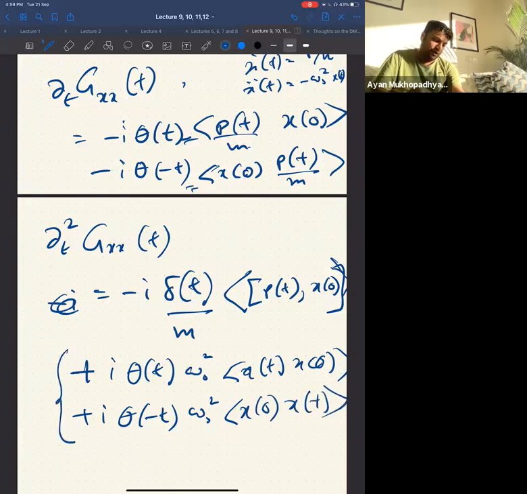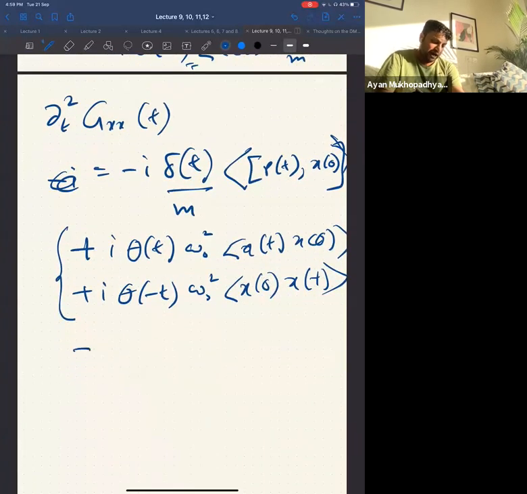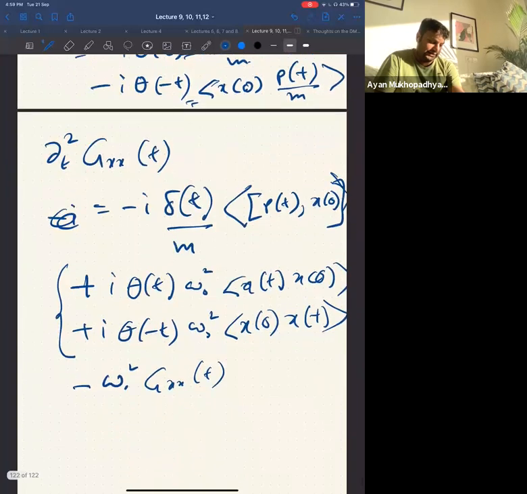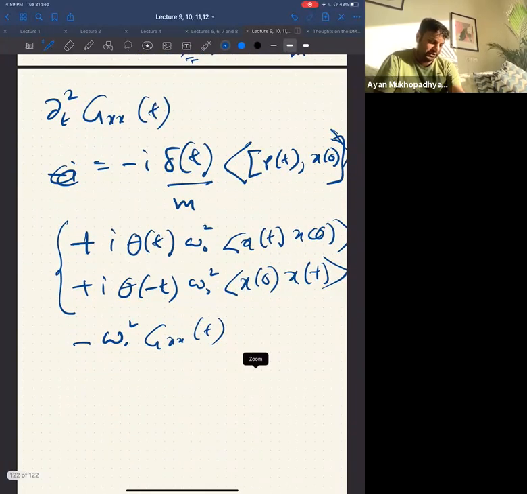But these two terms simply combine into minus omega naught squared, or plus omega naught squared G_xx(t). I think it is minus omega naught squared, but I should have got plus. I don't know why I'm not getting plus minus omega naught.